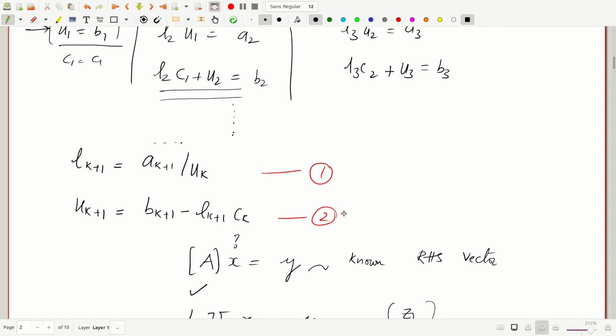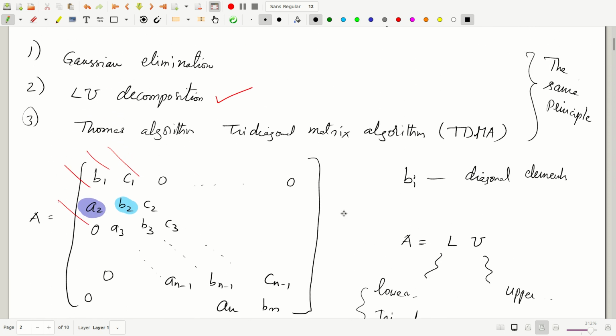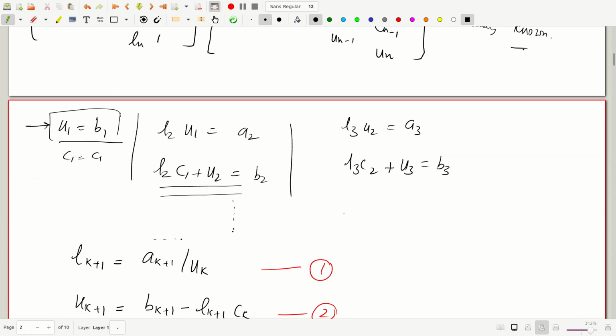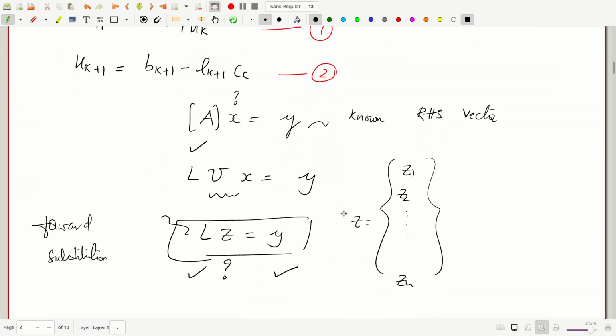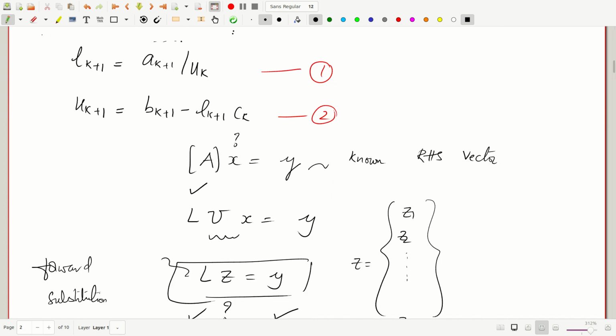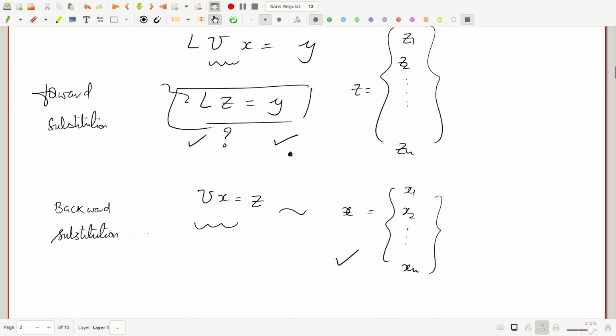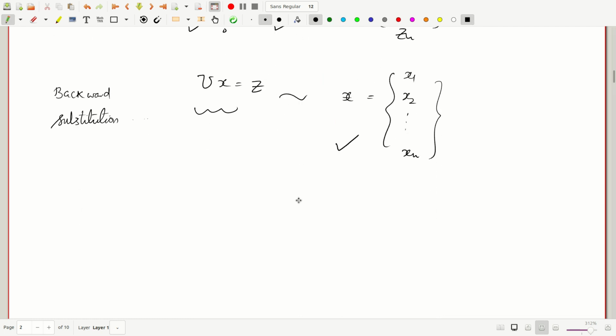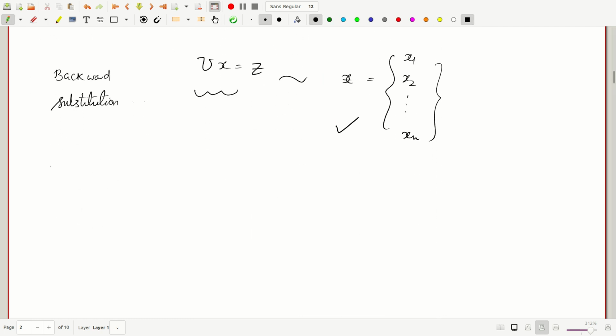Now as you can see here, what is the computational complexity of this algorithm? Essentially you have these equations here, which run for order n. Because this is order n, this is order n, the total is order n, and here you have order n and order n. So the computational complexity is similar to that of Gaussian elimination.